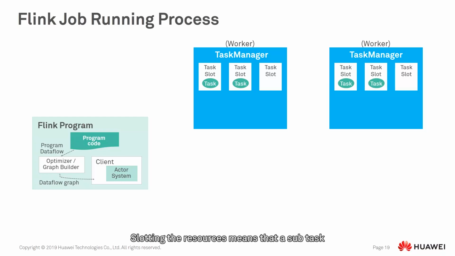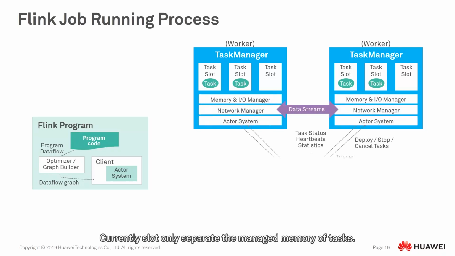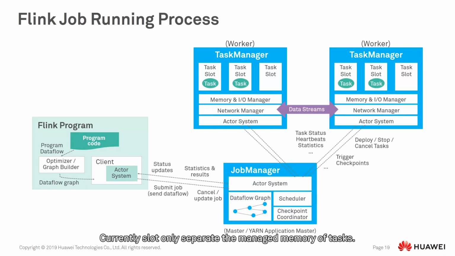Slotting the resources means that a subtask will not compete with subtasks from other jobs for managed memory, but instead has a certain amount of reserved managed memory. Note that no CPU isolation happens here. Currently, slots only separate the managed memory of tasks.